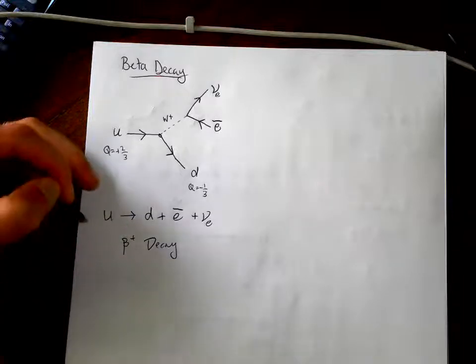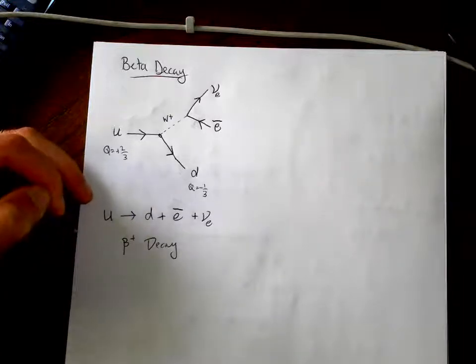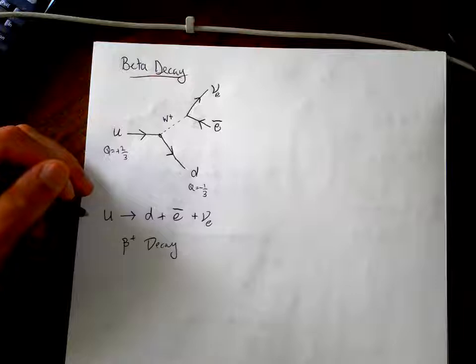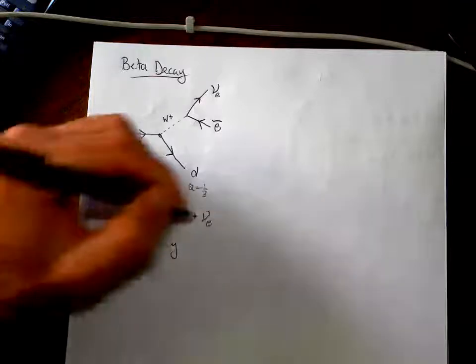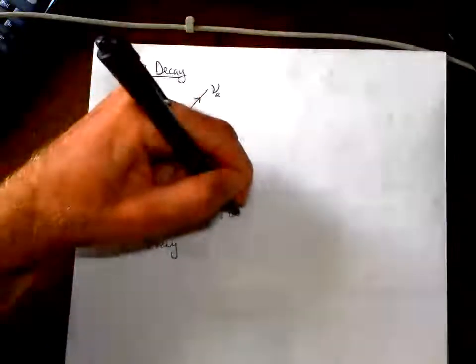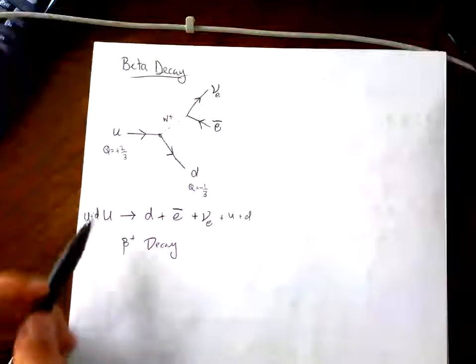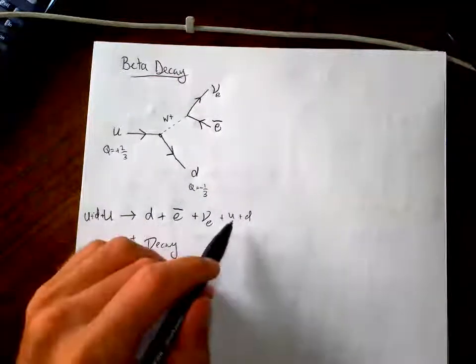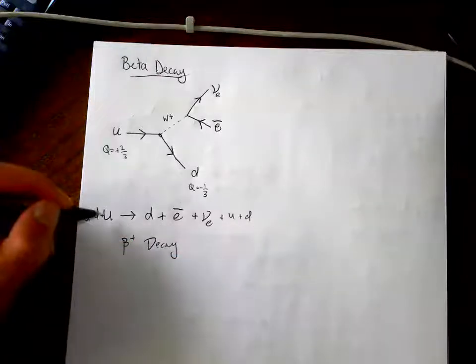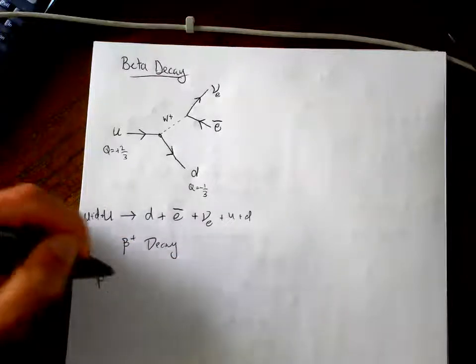If we also added, maybe we add another up quark and a down quark, up, down, we can see we start off with up, down, and we end up with down, up, down. Up, down is a proton.